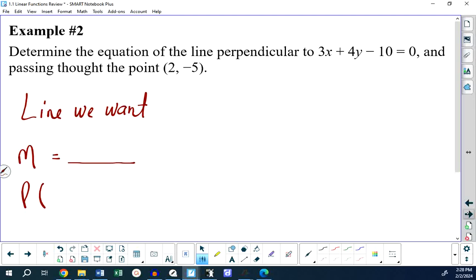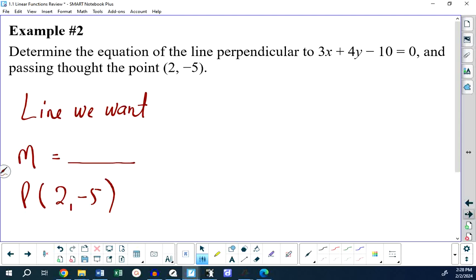Well, we're told it passes through 2, negative 5. So we need to determine the slope of the line. And I believe I've given you that blurb from grade 10 math, which says parallel lines have equal slopes, but perpendicular lines have slopes which are negative reciprocals of each other.